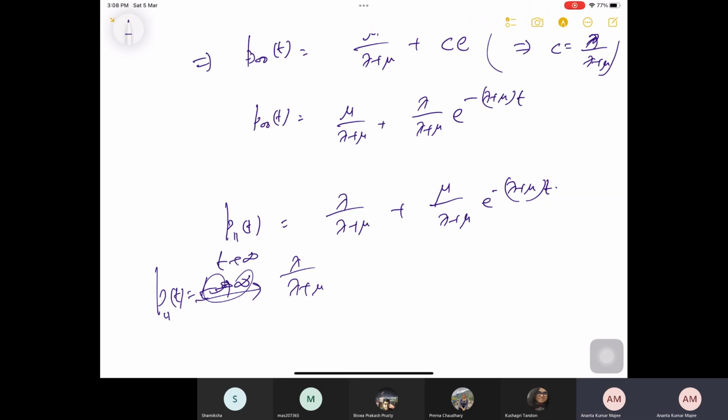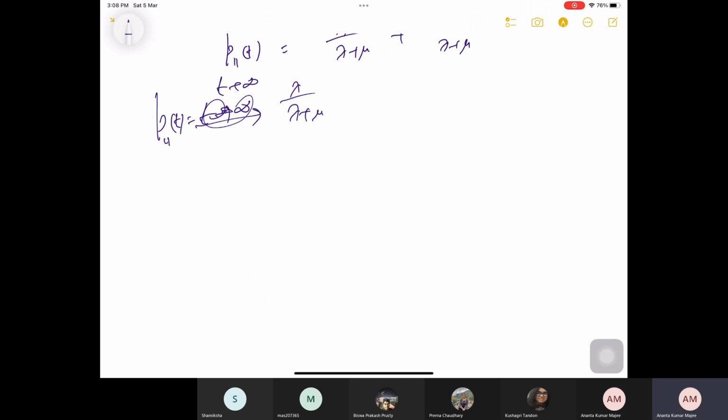So in this case, that limiting thing exists at least. As t goes to infinity, P_11(t) is equal to this part, P_00(t) is equal to this part. I'll come back to these things in a later stage.